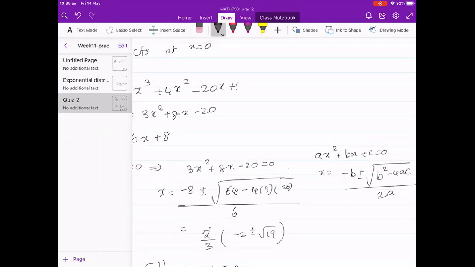That's the second part. We also need to determine if they are local maxima or minima. How do you do that? Which method would you be using to determine local maxima or minima?